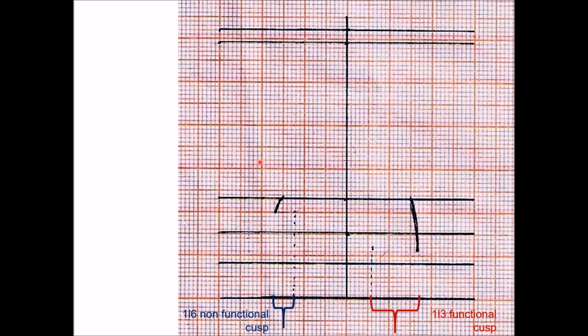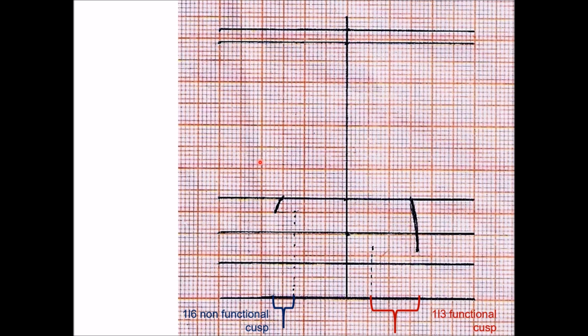You can see here two new things: 1/3 functional cusp and non-functional cusp 1/6. What is the meaning of these two words? It means that for the maxillary teeth, the functional cusps are the lingual cusps. The two lingual cusps are functional cusps that come in the center of the mandibular teeth. That's why we call them functional.